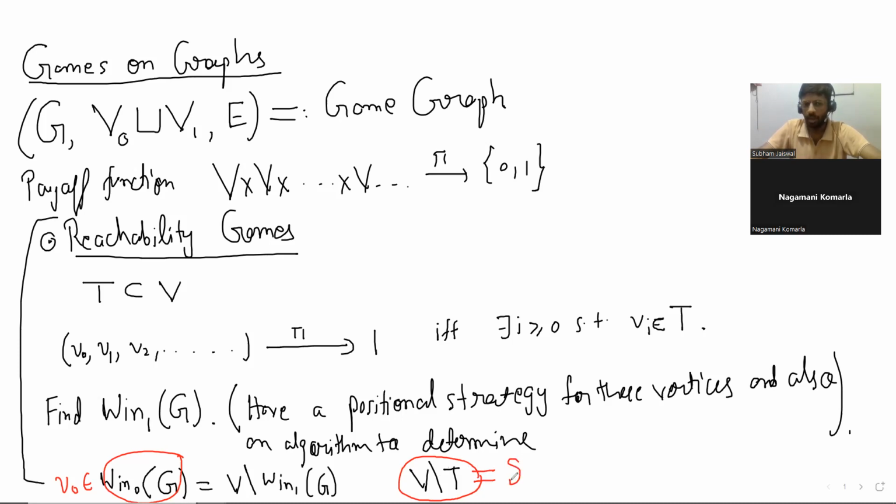And let's say that if this was the given safe set, then this win0g is basically the winning set for player 0 for the safety game.